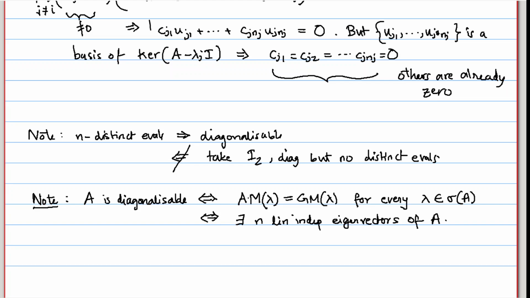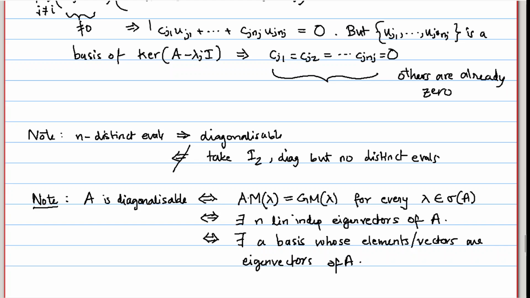So an equivalent condition is that, provided A is in MnR, there exists a basis whose elements or vectors are eigenvectors of A. This is the same as the previous statement.